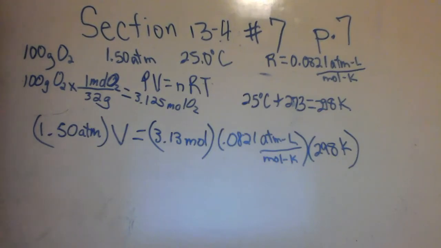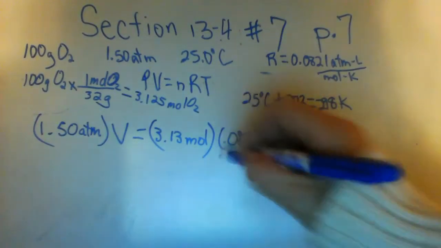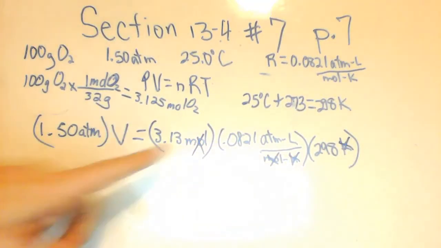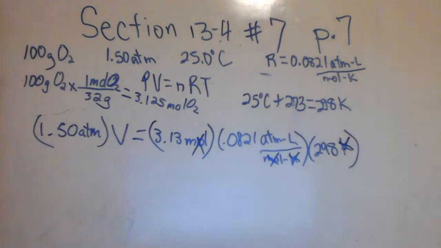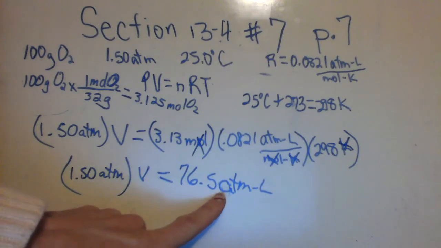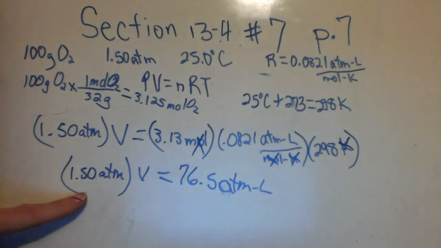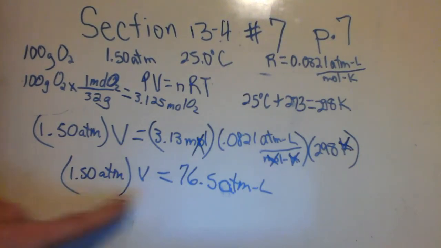Now we'll cancel out any units. We see that moles and kelvins cancel. Now we'll multiply. When we multiply, we get 76.5. The units are atmosphere liters because that's what's left. Now, in order to get volume by itself, we're going to divide both sides by 1.5 atmospheres.